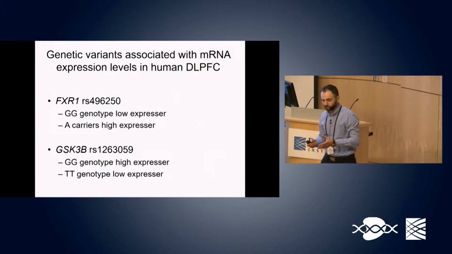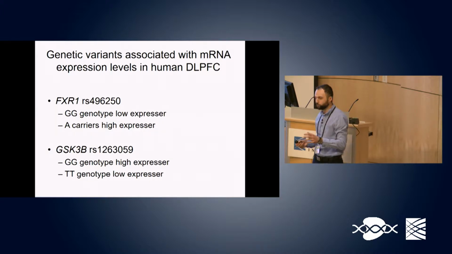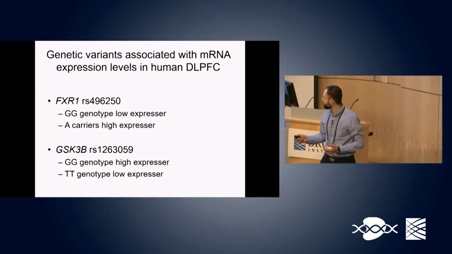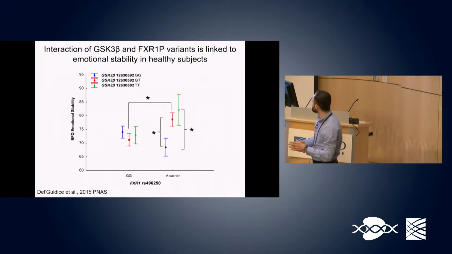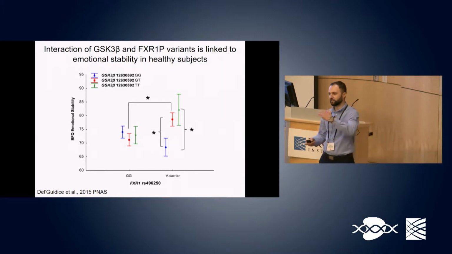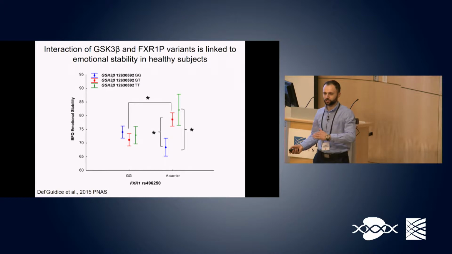It was not in the list of those 108, but interestingly, this gene is a target of mood stabilizers like lithium and a target of several antipsychotic treatments. And we found a functional interaction between these two genes, and it regulates emotional stability in humans. The interaction was such that people who were expressing higher levels of FXR1 were more emotionally stable only when they had normal or low expression of GSK3.